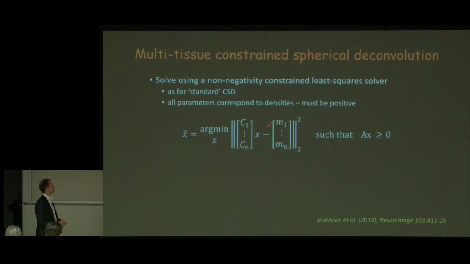And that gets mapped to signals, and these signals now have multiple B values in them, so you have enough information to tease them all apart. And you then add this constraint that all of these densities, so for a full-blown ODF, you're then mapping to amplitudes along on the sphere, but all of these densities have to be positive semi-definite. So you can't have negative white matter, negative CSF or whatever coming out.